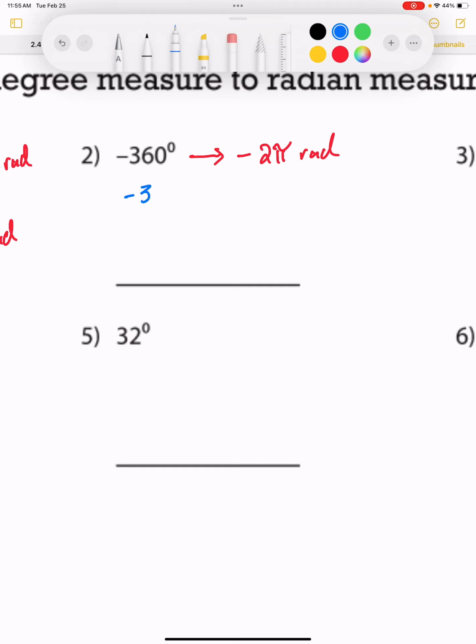So negative 360 degrees over 1. I want my degrees to cancel out, so I'm going to say 180 degrees in the denominator and pi radians in the numerator. Now the degrees cancel, and 180 is just half of 360, so I can say that's 2.